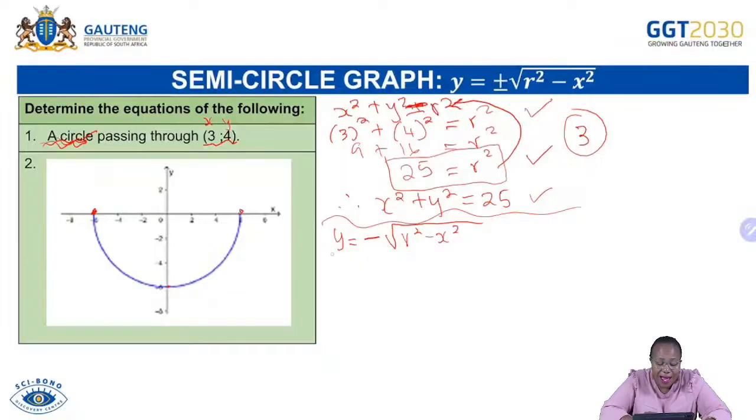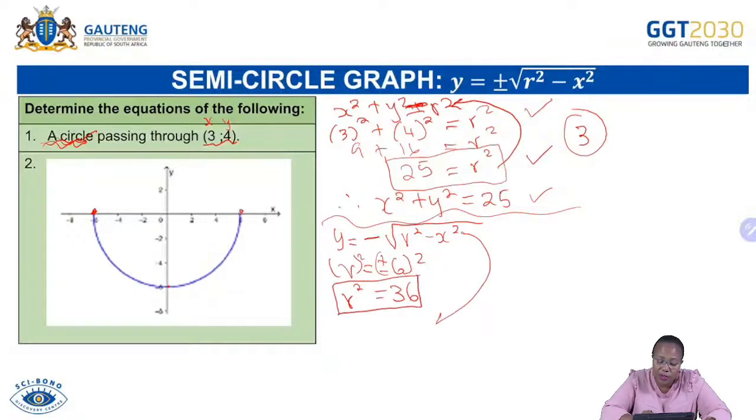So our r is equal to plus or minus 6, correct? So we need r squared. That means we will square both sides. When we square both sides, it will be a positive 36. That means r squared is equal to 36.